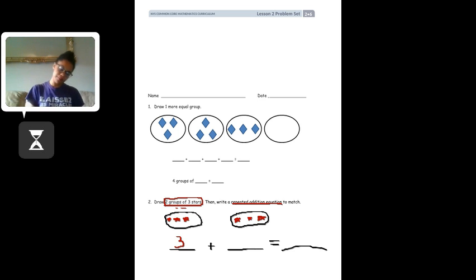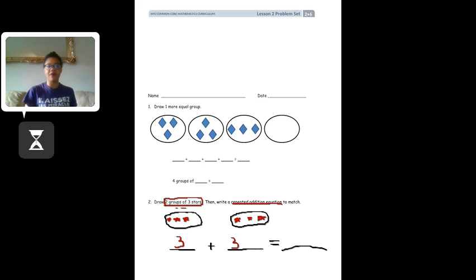So let me write on my paper 3 plus how many are in that last group? That's right. There's 3. So I'm going to write 3 down for my last group. So now I'm going to put 3 down on my paper, and that equals a total of how many stars?